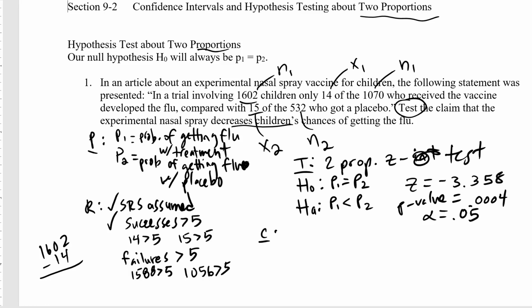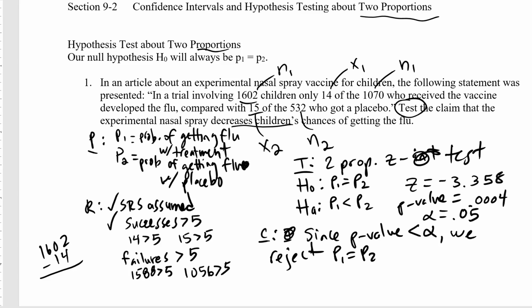PRTC. How do we write the conclusion? P-value is low, so since the p-value is less than alpha, we reject the null hypothesis. Don't just say that. What is it?